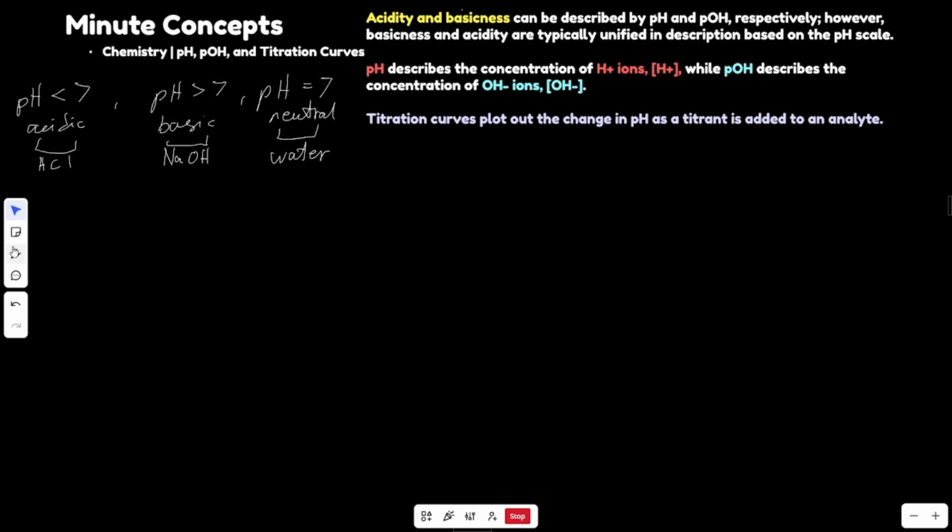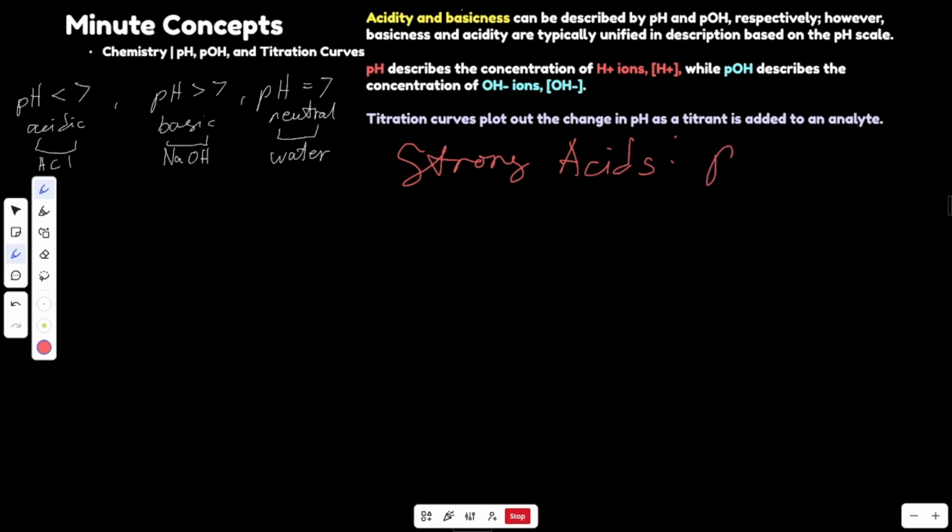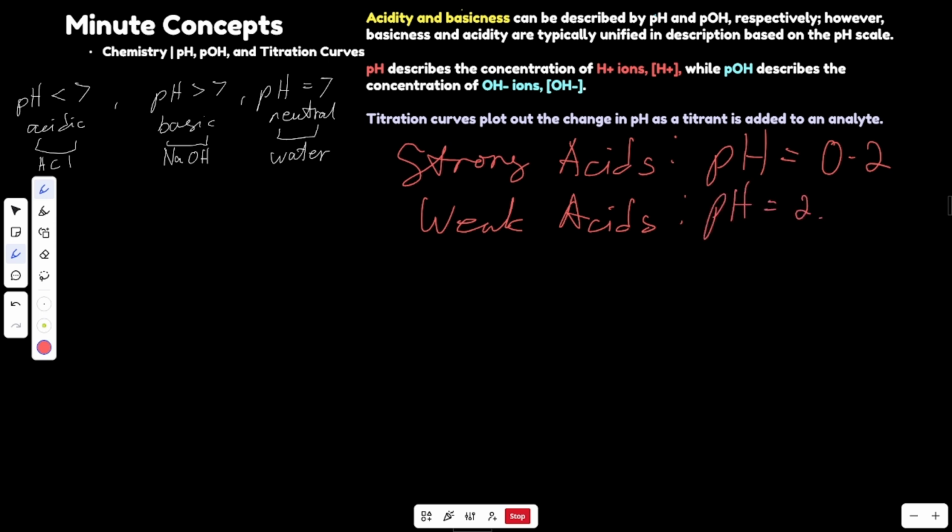An acid is considered strong when its pH is from 0 to 2. Now, weak acids are anywhere in between, right? So pH is equal to 2.1 ranging to 6.9.